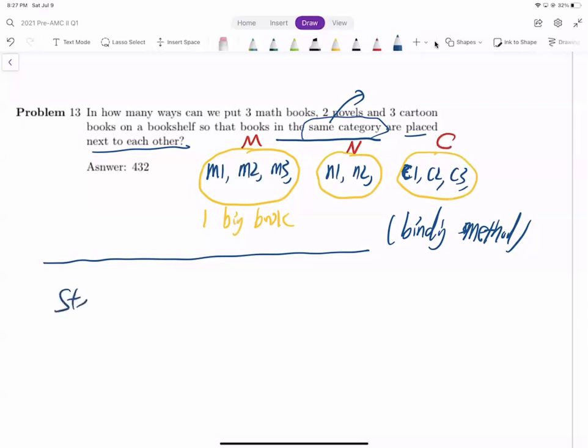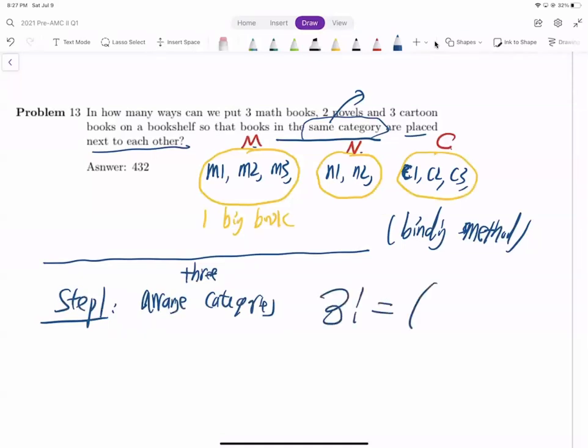So we just pretend that. So then we say, okay, step 1, what we can do is arrange the categories. 3 categories, right? 3 categories to arrange where you put math, novels, and cartoon books. So you get 3 factorial, which is 6, right?